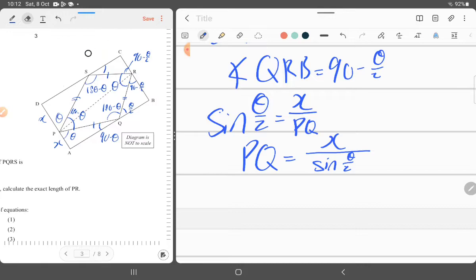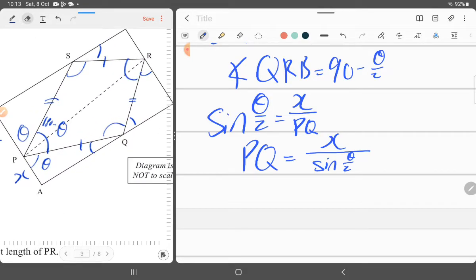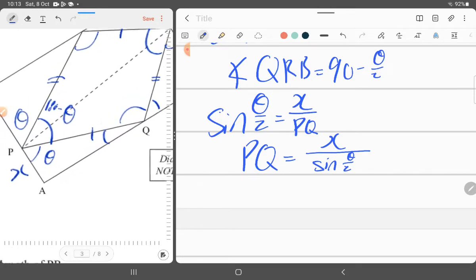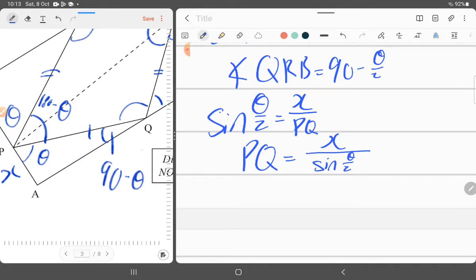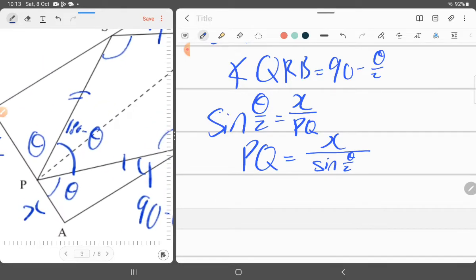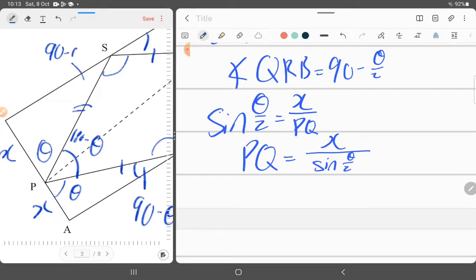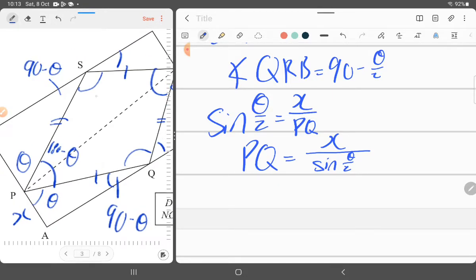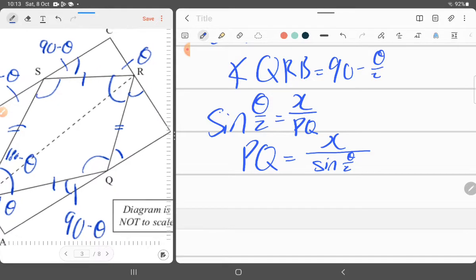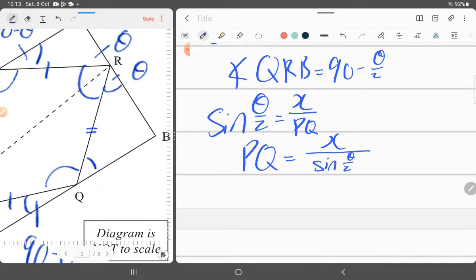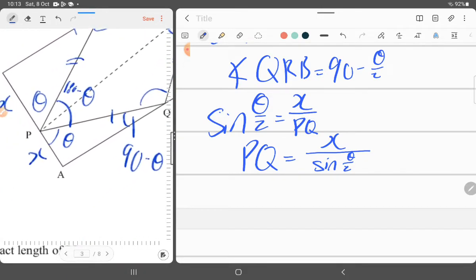Just rub a decent amount of these off. 90 take away theta. 180 take away theta. 90 take away theta. This is 90 take away theta. Theta. 90 minus theta. X.